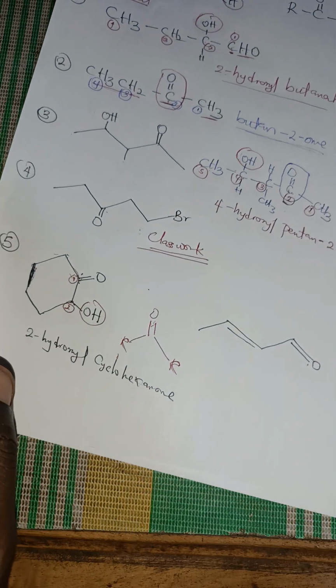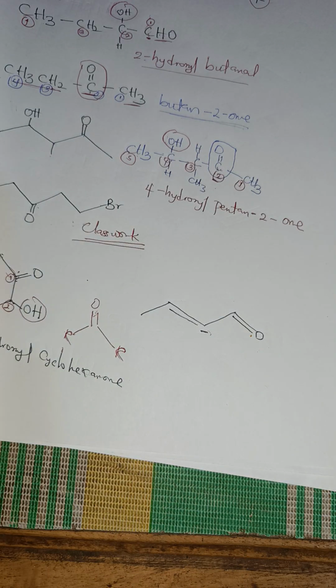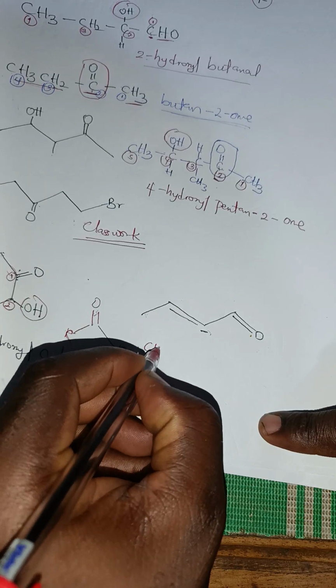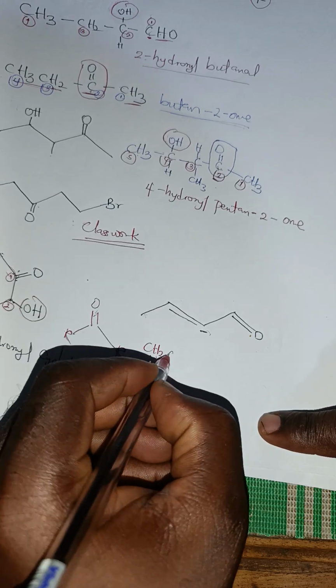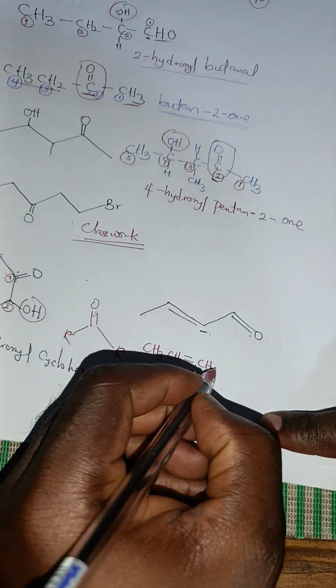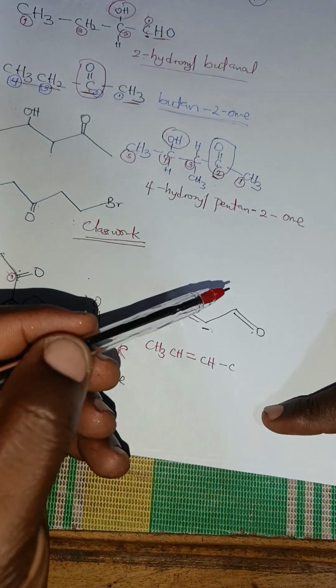So I want us to look at this question. I want us to rewrite it. Can you write this line formula? This is going to be what? CH3. This place is going to be CH. That's a double bond. CH connected to C. Now, pay attention to this place.